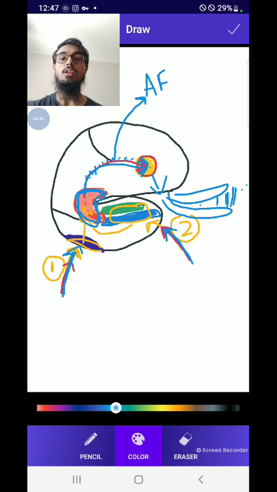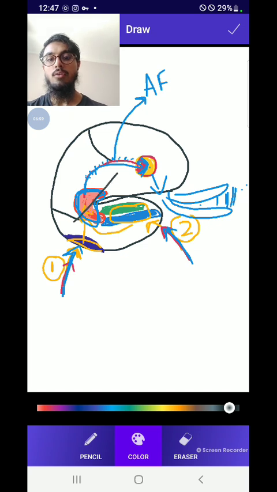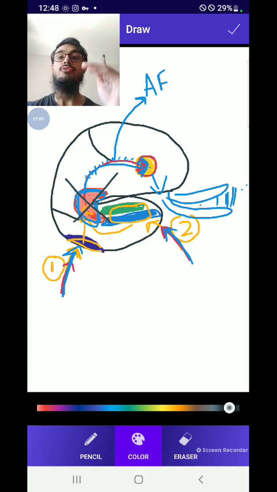Now I can explain to you the clinical importance when there is any damage to this area. What happens in the patient? Okay, if there is damage to the Wernicke's area, we call it Wernicke's aphasia.